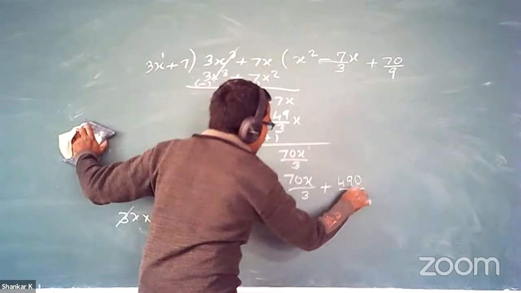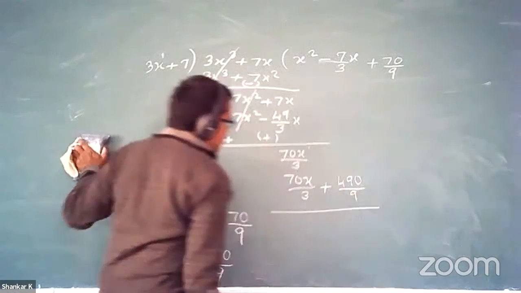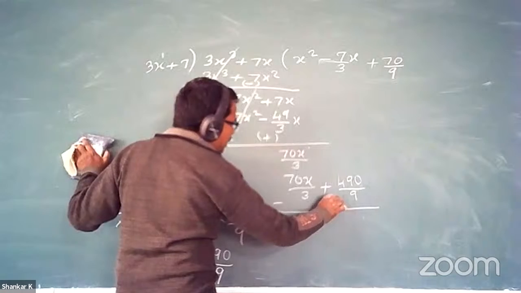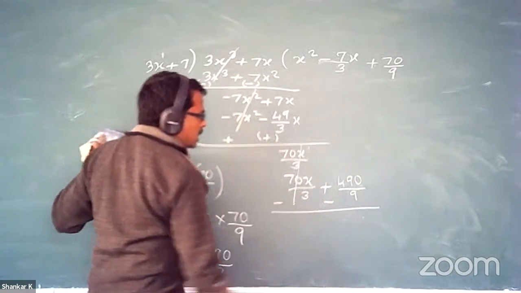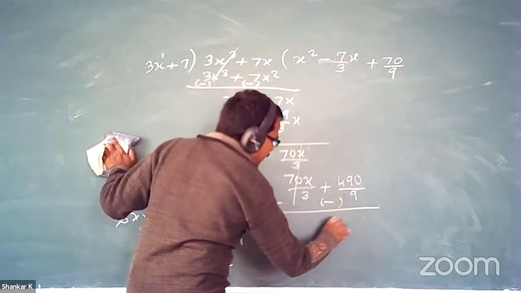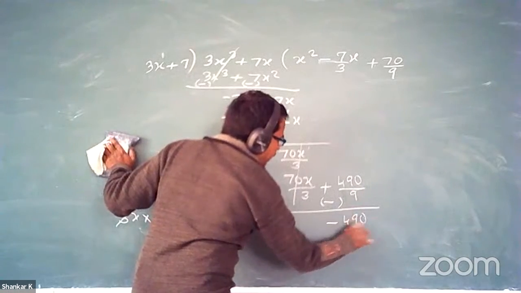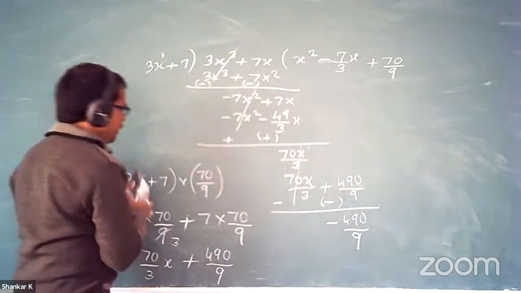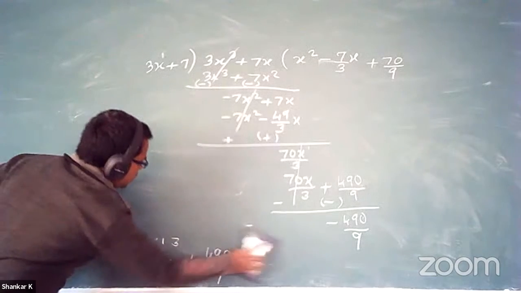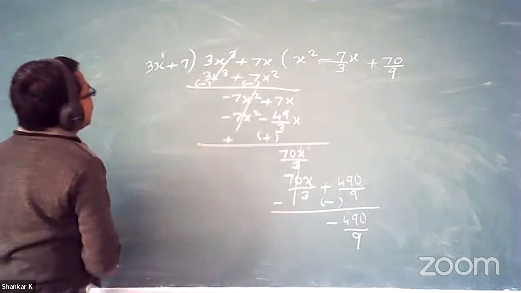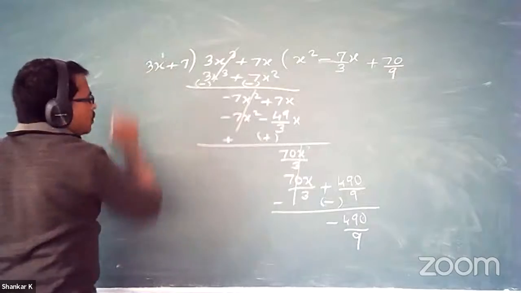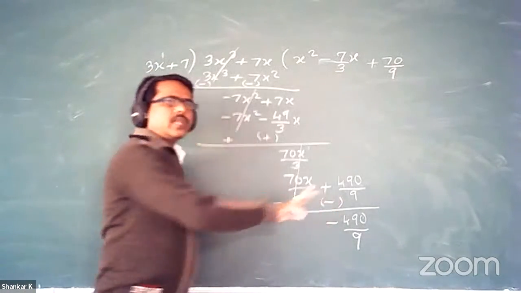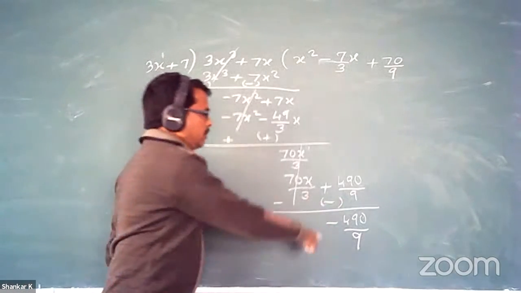490 divided by 9. Now change the sign. This became minus, this cancelled. What is the remainder? Minus 490 divided by 9 is the remainder. Understood or not? Now, its degree is 1, its degree is 0. Now we can stop. This is the remainder.